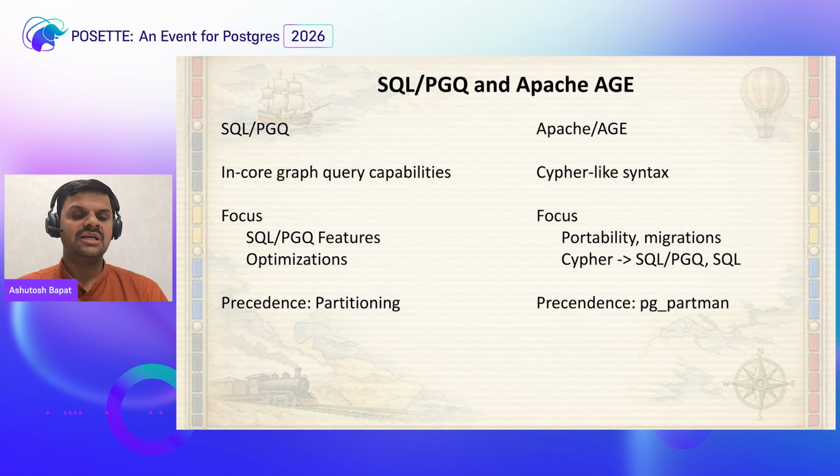SQL PGQ will continue to focus on SQL PGQ features, optimizing those, whereas Apache AGE will continue to focus on portability, migrations. It will continue to provide the Cypher query language layer on top of PostgreSQL. It can use SQL PGQ to optimize it further.